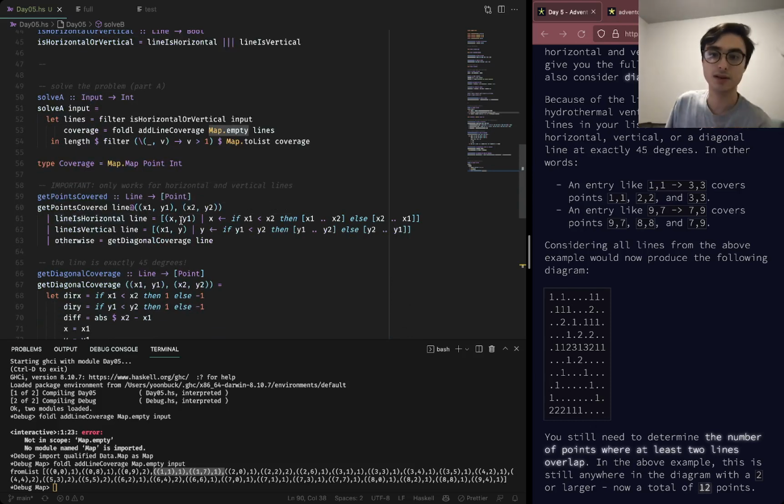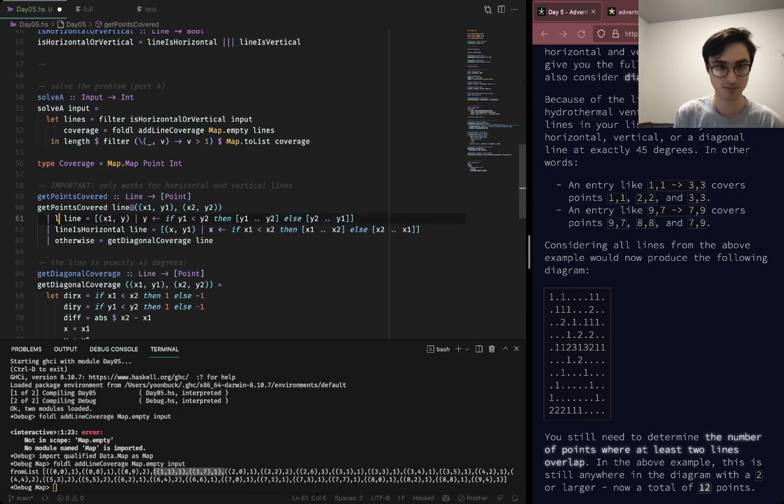Wait a minute. The line is horizontal. Are we just doing this wrong? If the line's horizontal, it'll have... God, okay. This is Copilot's fault, but it's my fault for listening to it. Horizontal.